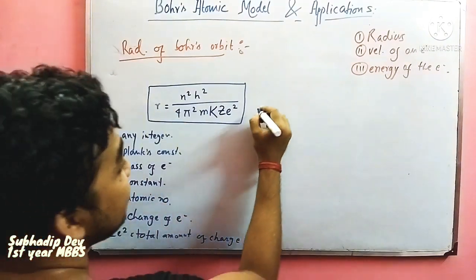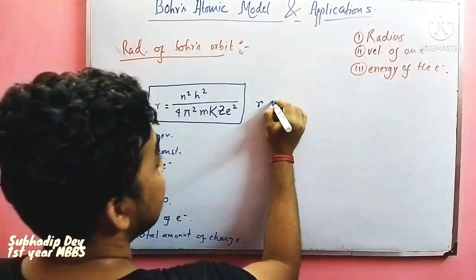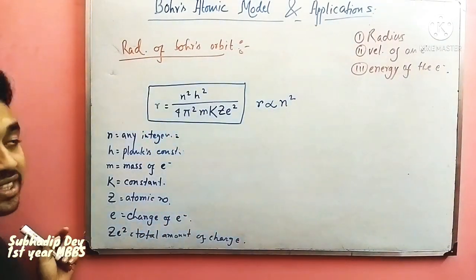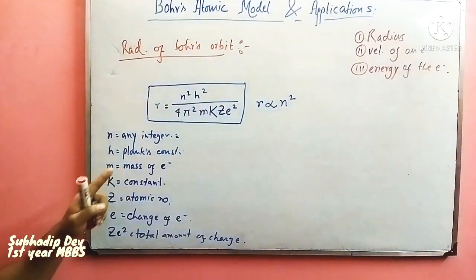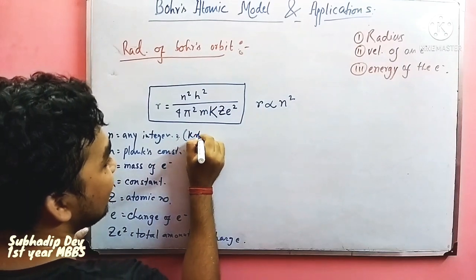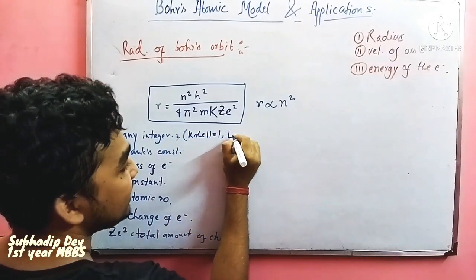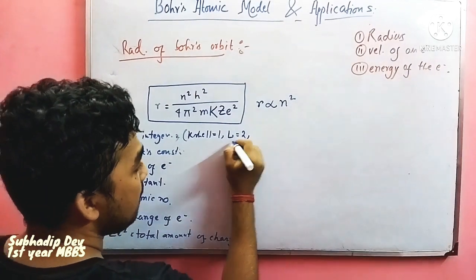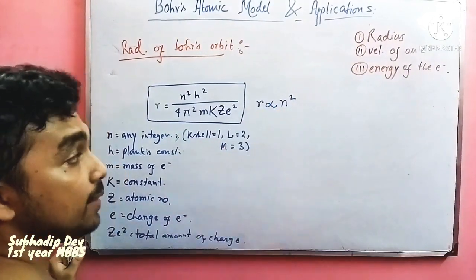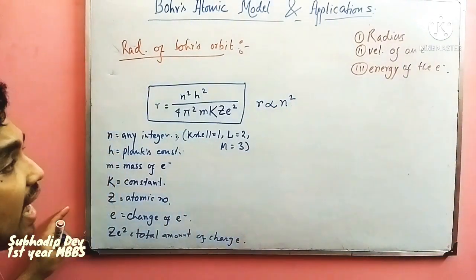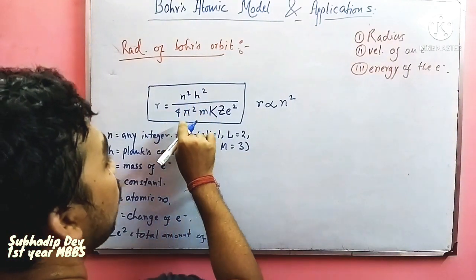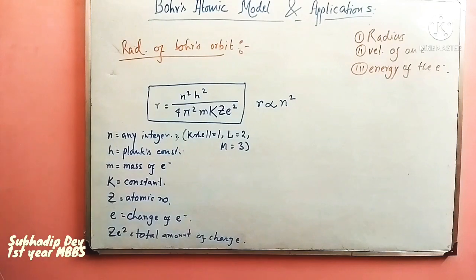Now you see what you actually need from this formula. Radius of any orbit is directly proportional to n square, and here n denotes the shell or the orbit for which we are calculating the radius. So for K shell, n is 1, L shell, n is 2, M shell, n is 3, just like that. So radius is directly proportional to n square, and here h square is constant, and similarly 4 pi square is also a constant value.